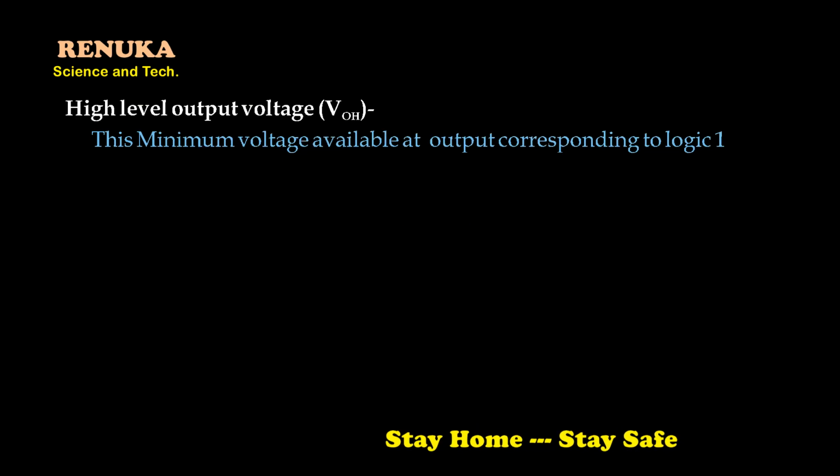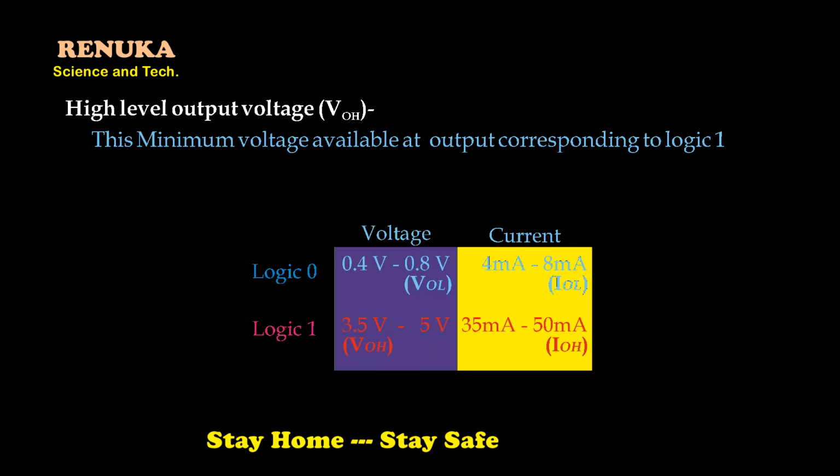The third definition is high level output voltage. It is defined that this is the minimum voltage available at the output corresponding to logic 1 and it is denoted by VOH, that means output high voltage level. So in the diagram you can see 3.5 volt to 5 volt, this was the voltage level for logic 1 at the output.